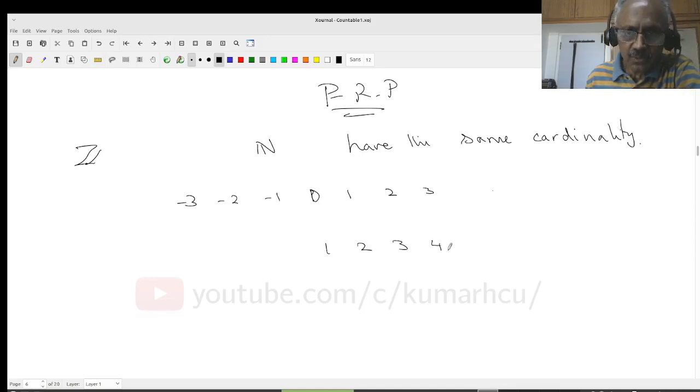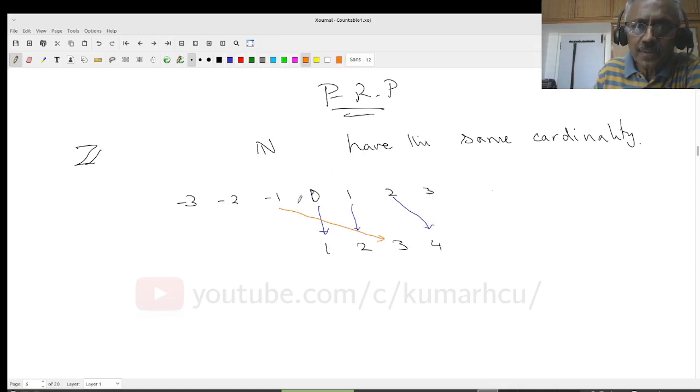So what I can do is set this up. Let's send 0 to 1 and 1 to 2, and minus 1 to 3, and 2 to 4, and 3 to minus 2, sorry, minus 2 should go to 5.